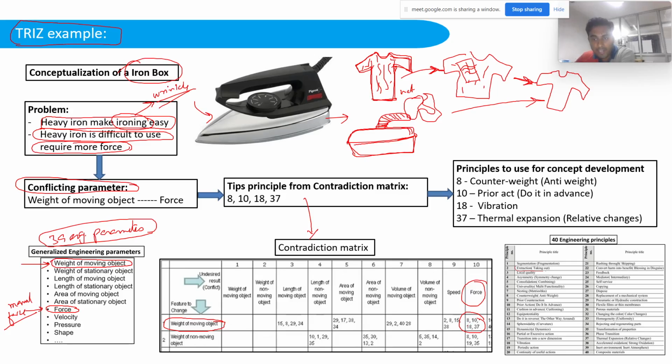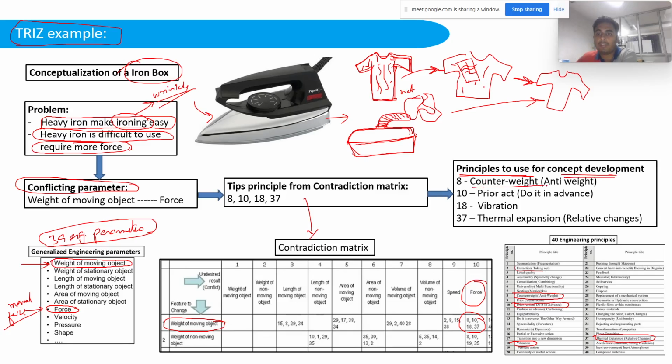So here it says 8, counterweight. Then 10, prior action. Then 18 is vibration, and 37 is thermal expansion. So these are the four principles that you can use for your concept development.